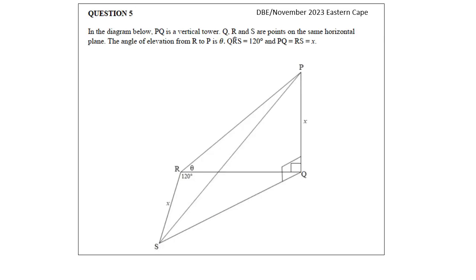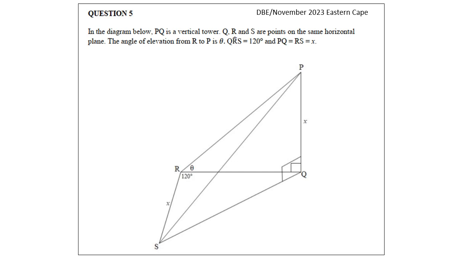Now we are going to look at a question where they give us a diagram in 3 dimensions. And in this diagram, we have right angle triangles. That's triangle PRQ and PSQ. And there is a triangle that is an obtuse triangle. That is triangle RQS.